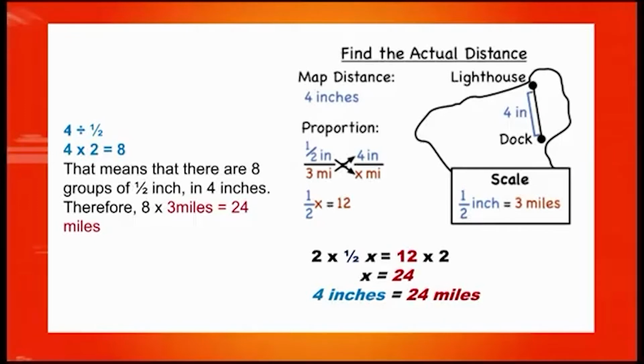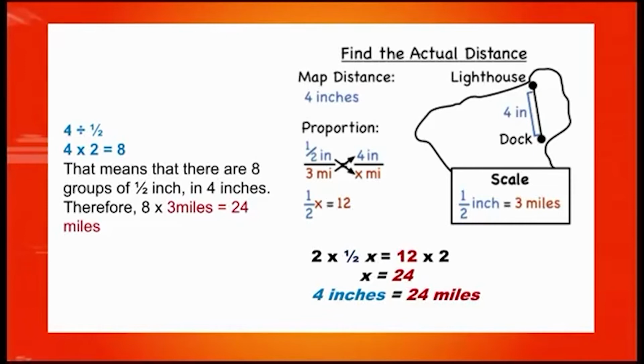You could also do it using proportion. You have ½ inch is ratioed to 3 miles, and then you have 4 inches is ratioed to the unknown miles, and you definitely will cross multiply to give you the value for x. So ½ x is equal to 12.